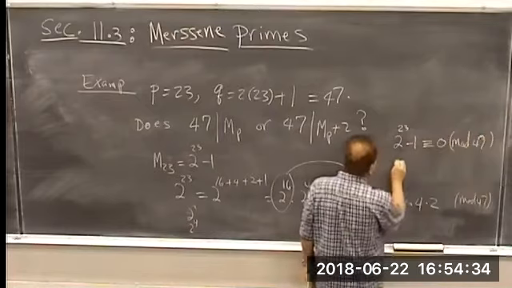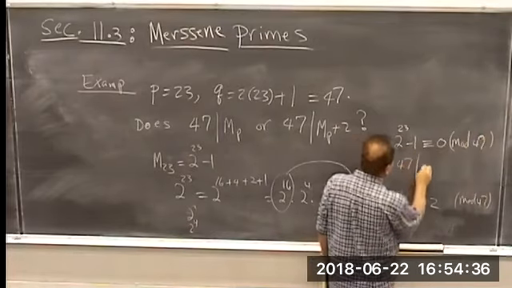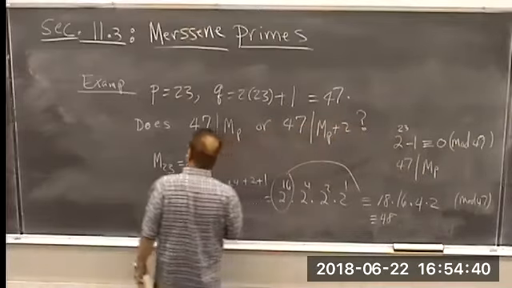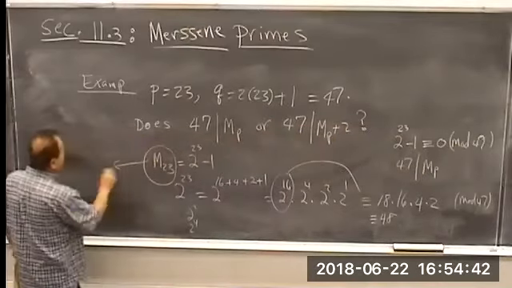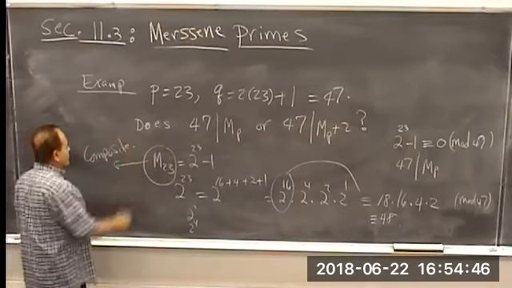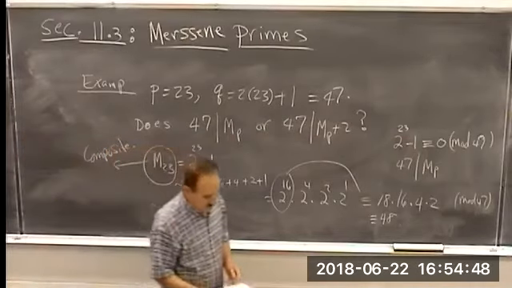Okay, so this means that 47 divides M sub P, so M23 is composite. You don't need to go any further, so this is a composite number.